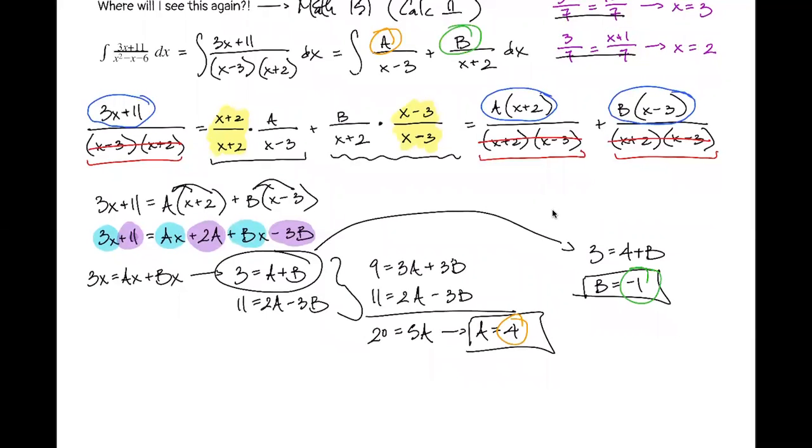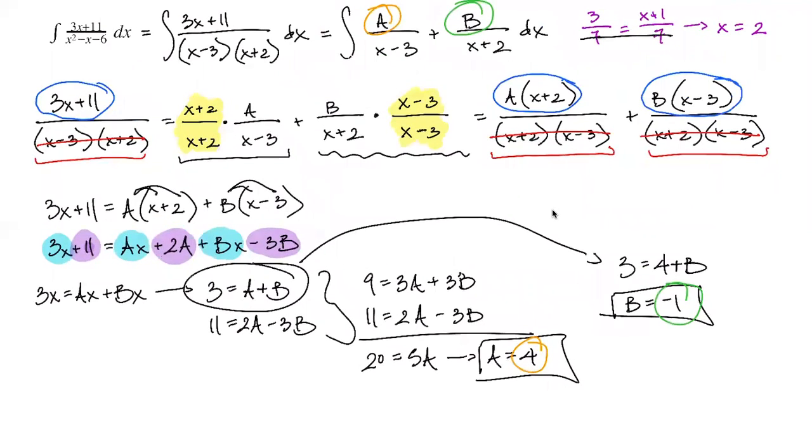So this question that I started out with, this one right here, instead of saying the integral of 3x plus 11 over x minus 3 times x plus 2, I can write it like this. The integral of 4 over x minus 3 plus negative 1 over x plus 2.